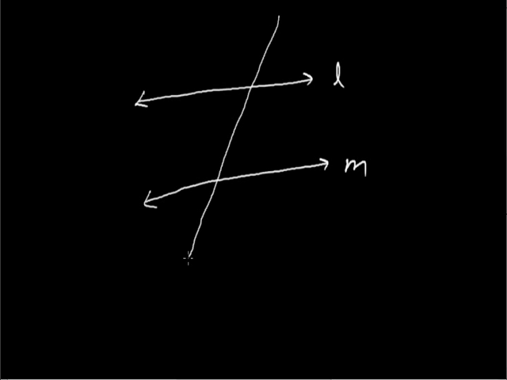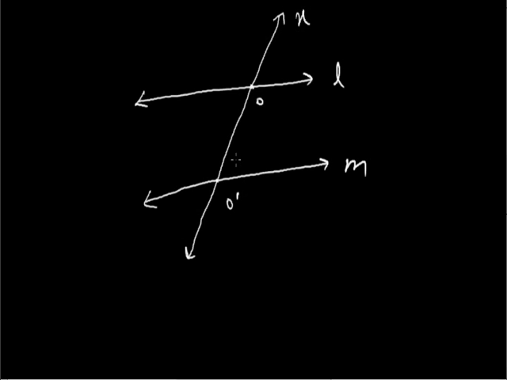Suppose these are two lines. First line is L and this is second line M, and the transversal, which is line X, is intersecting these two lines at O and O dash, two distinct points.